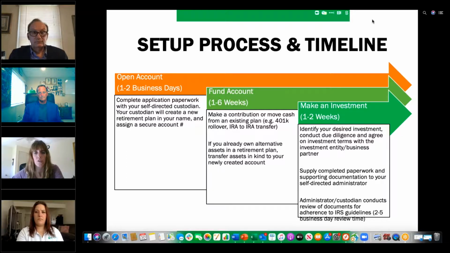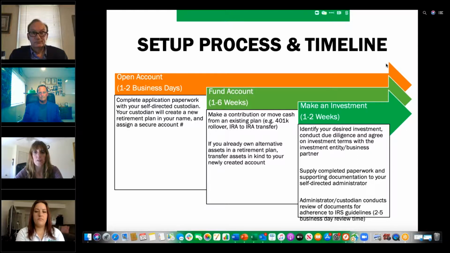So typically the first step in the process to get started using a self-directed IRA would be to create an account, set up a new IRA held by a self-directed IRA custodian. And upon submitting an application, it takes about 1 to 2 days typically for that to be established.